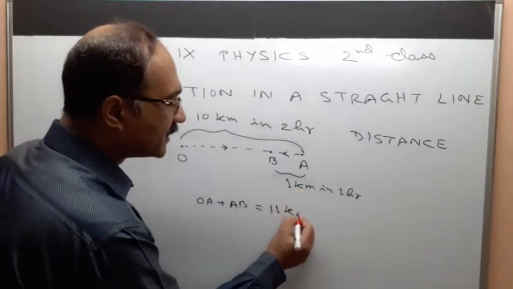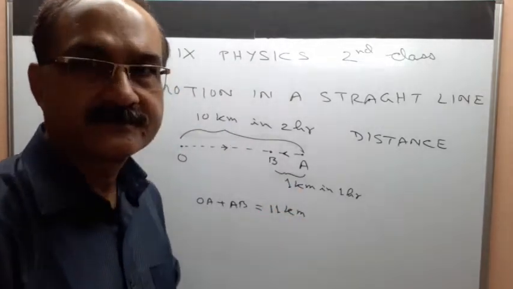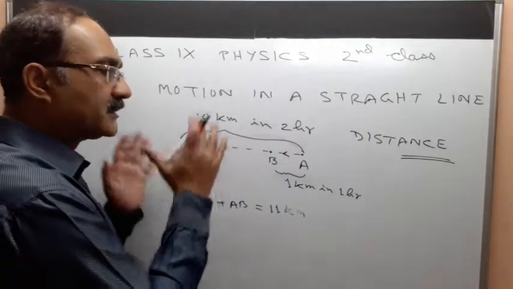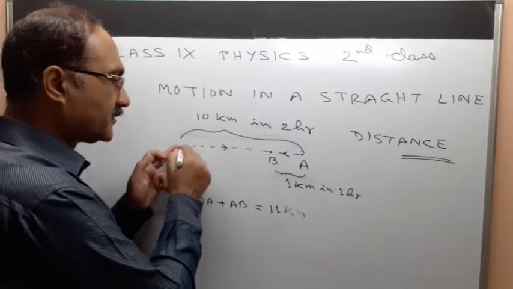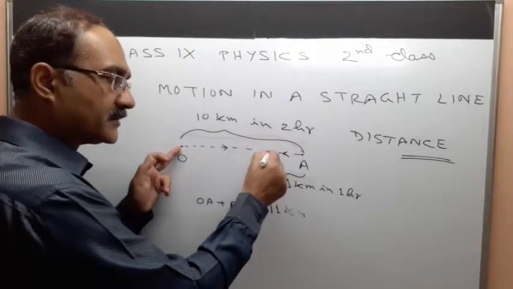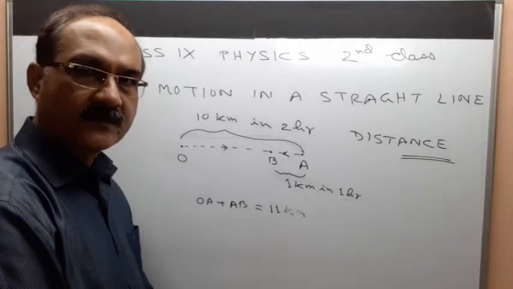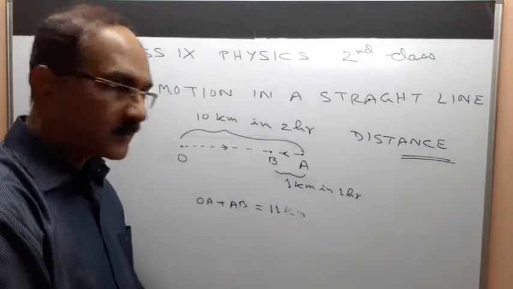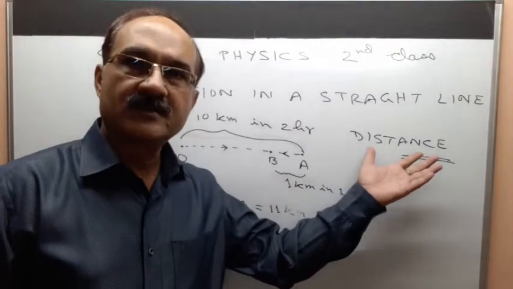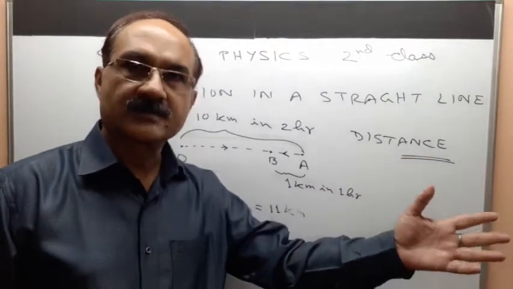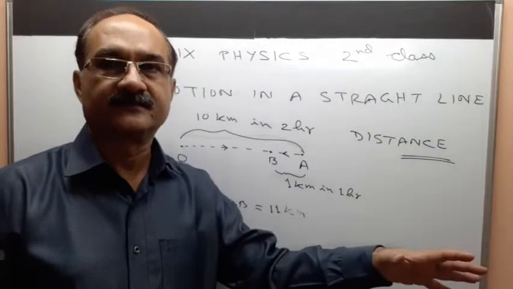That means 11 kilometers. Distance covered by this body in 3 hours is from here to here plus here to here. So that will be 11 kilometers. Okay? So the meaning of this word distance in physics and in common use is almost the same.